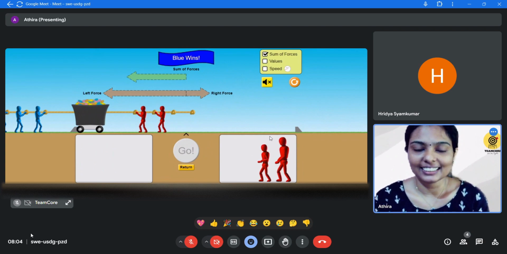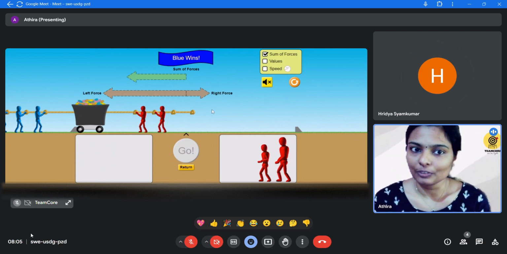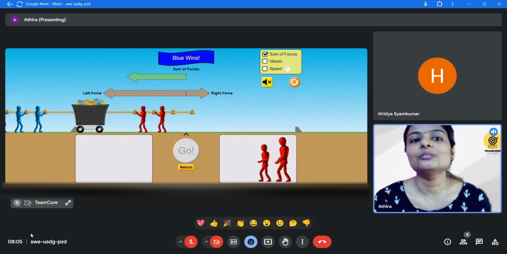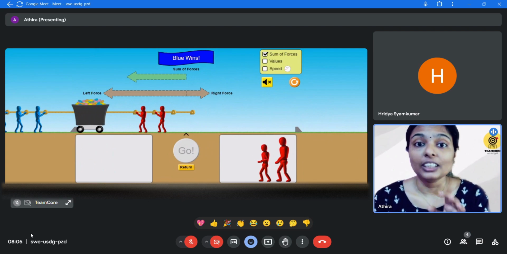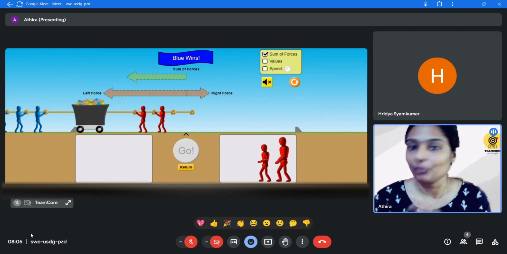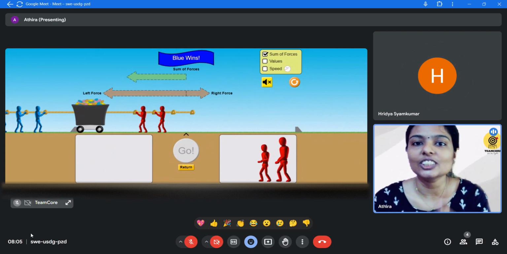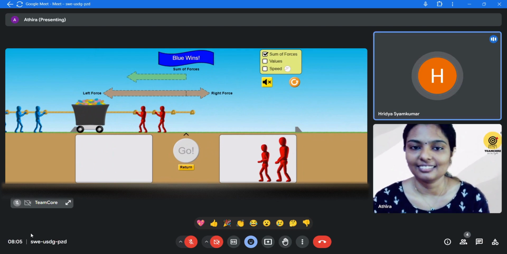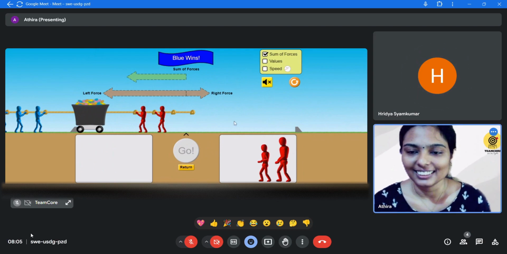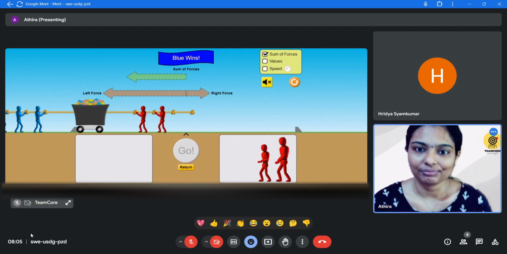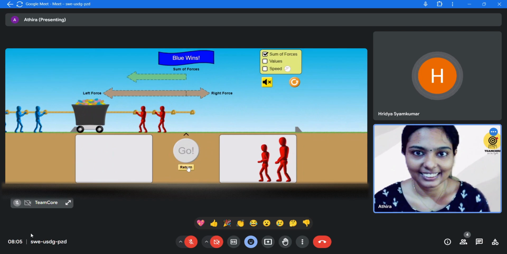So if multiple forces act on a body and the sum of the forces is not equal to zero, we can say that the body is under unbalanced force. And an unbalanced force can change the state of motion of an object. The object will move, right? Or we can say that the object will change its state of motion.